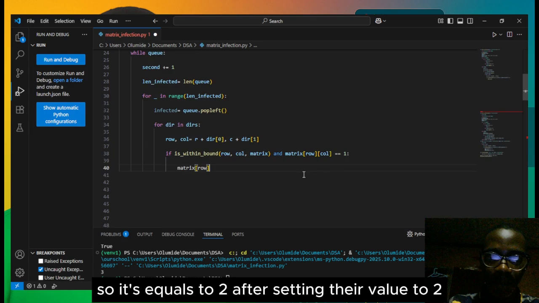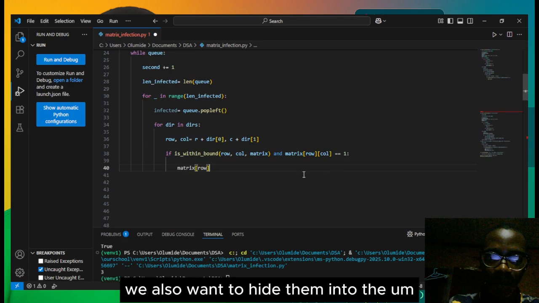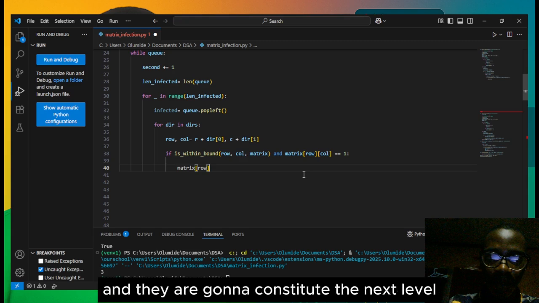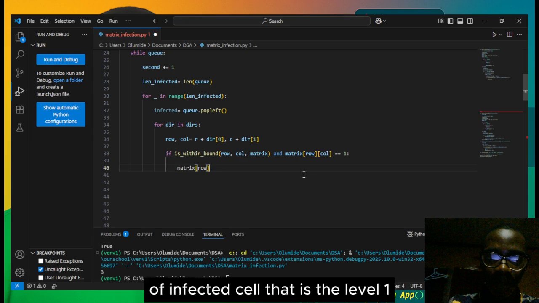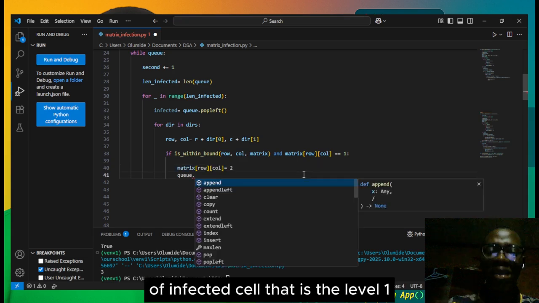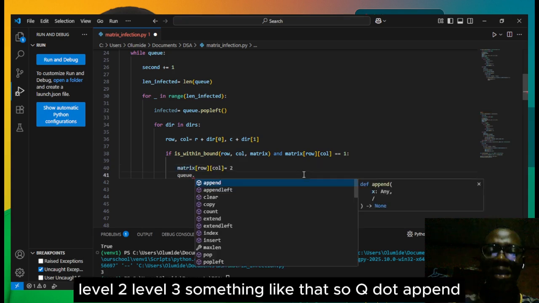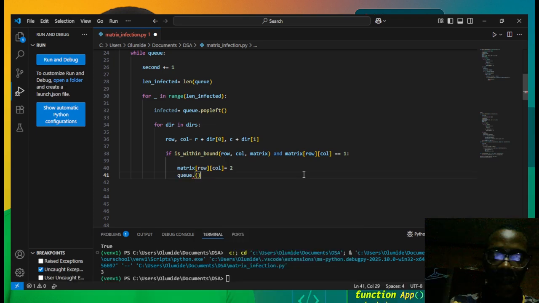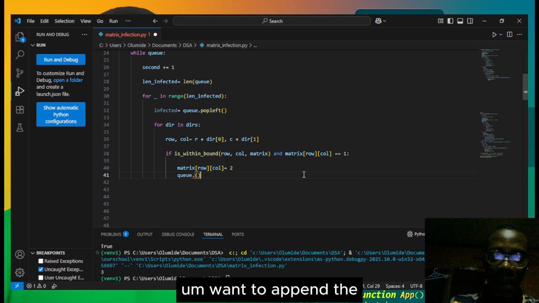After setting their value to 2, we also want to add them into the queue, because they are now infected and they are going to constitute the next level of infected cells, that is level 1, level 2, level 3, something like that. So q.append, and what we are appending is the tuple of the row and column.